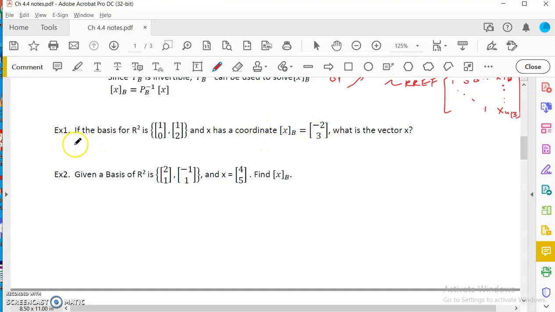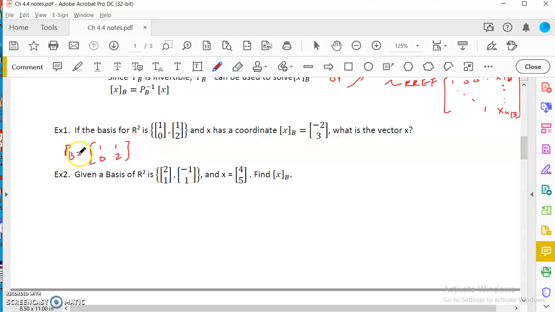So let's write down what PB is. PB is the new basis lined up together. You can switch between them because the coordinate refers to this: if they say -2, that means multiply the first vector by -2 and the second one by 3.